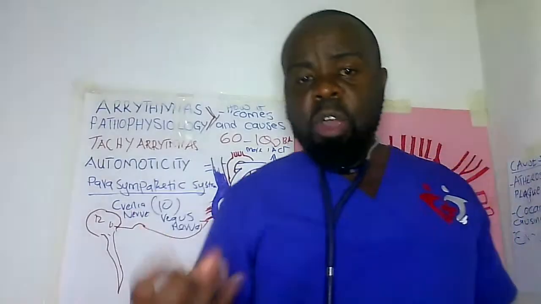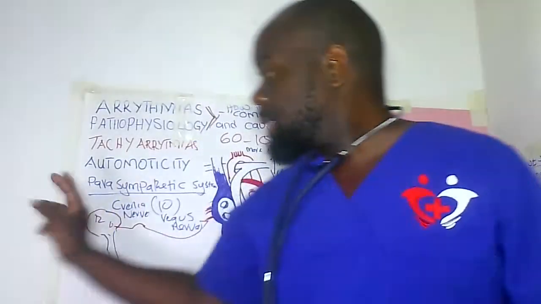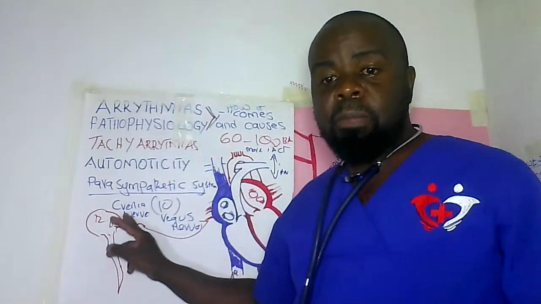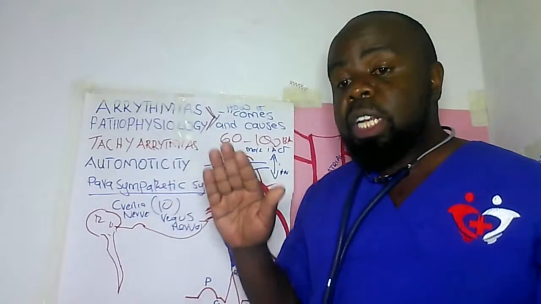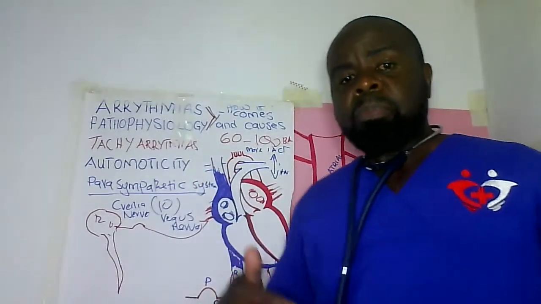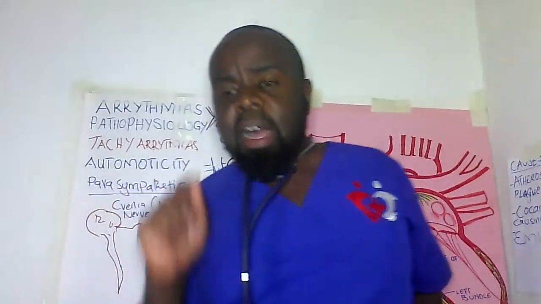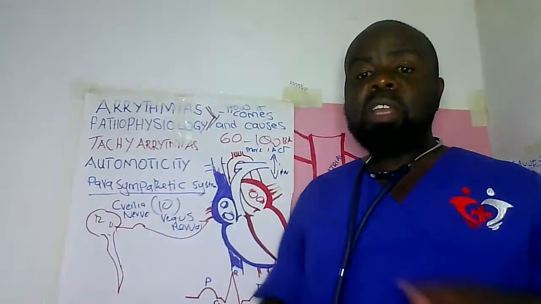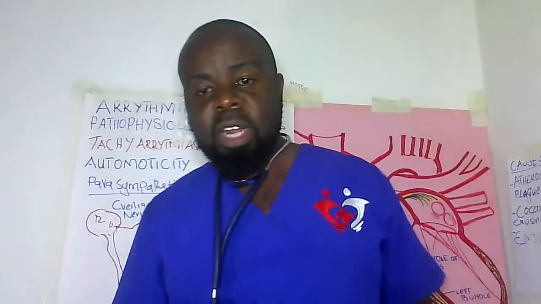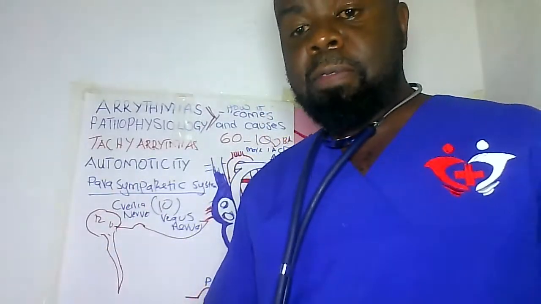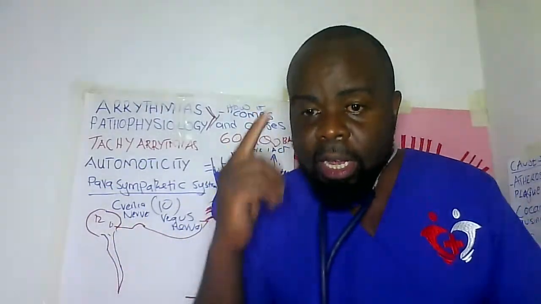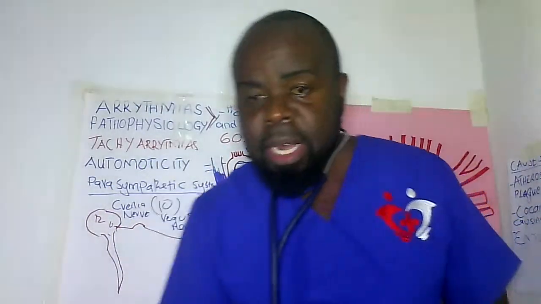When you irritate the vagus nerve, your heart will reduce in beating. What can make the vagal tone increase? I've said we have so many cranial nerves: ophthalmic, optic, oculomotor, trochlear for the eyes, trigeminal, all those.